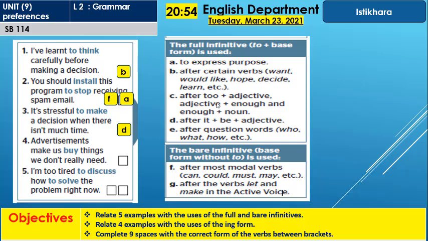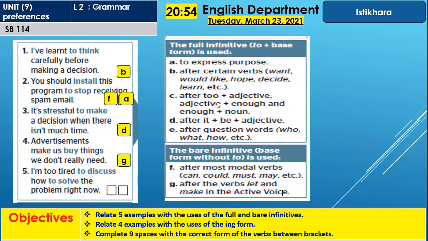Advertisement, sentence 4, make us buy things we don't really need. You are talking about the creation of needs, and here it's after the verbs let and make, which is G. The last sentence, I'm too tired to discuss how to solve the problem right now.